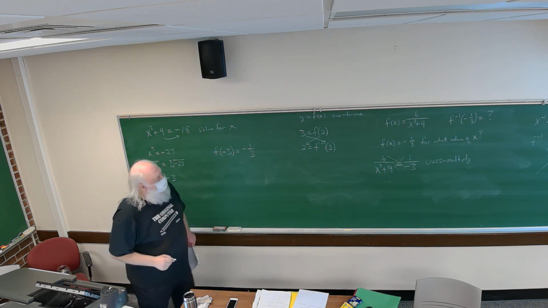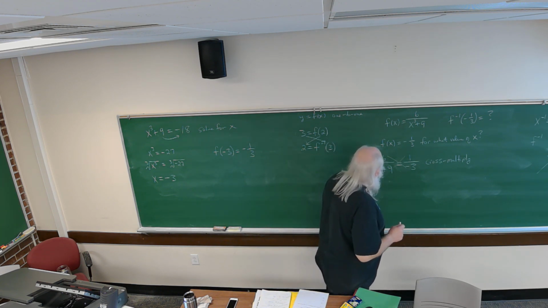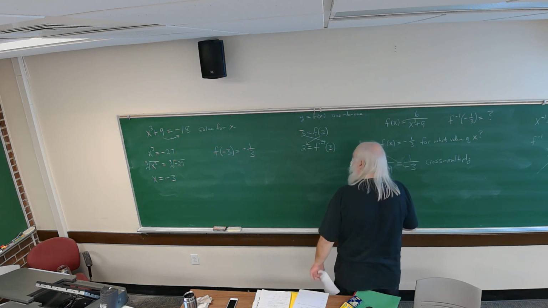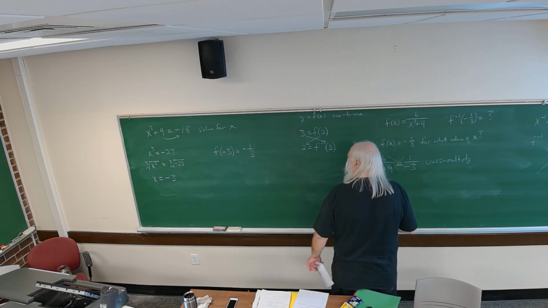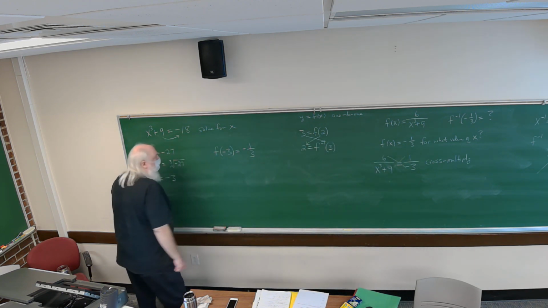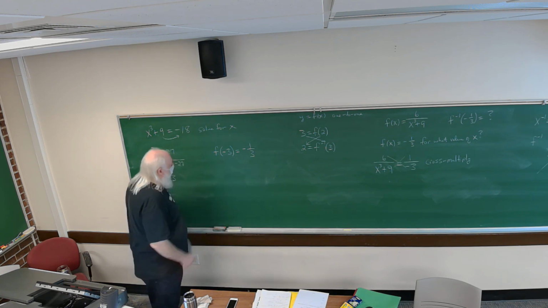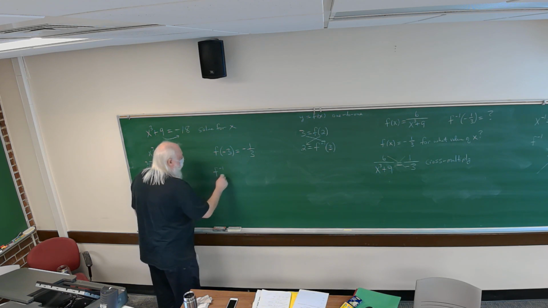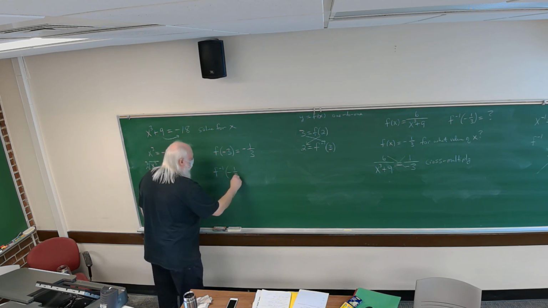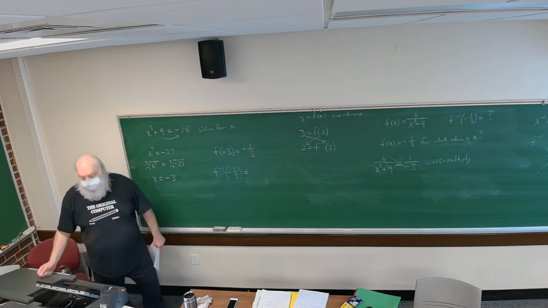That's what we know now. Okay, I had to convince myself of that. So, since f is a 1-to-1 function, okay, we know that f inverse of minus 1/3 has to equal what? Negative 3.